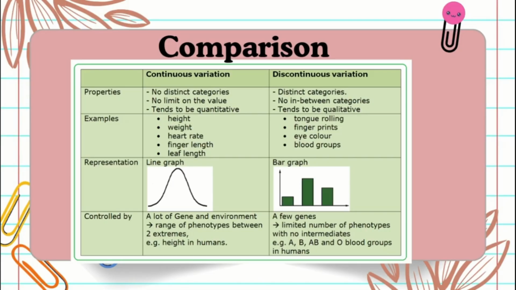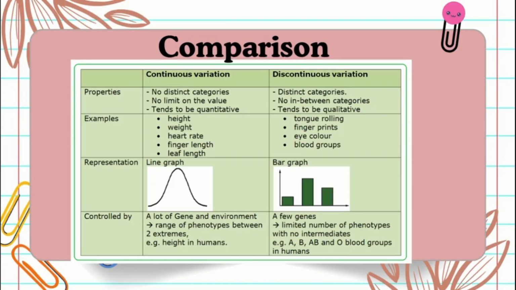And then this is literally a comparison table showing you continuous versus discontinuous variation. Just going back to it, discontinuous has distinct categories, continuous has no distinct categories. Examples of continuous variation are height, weight, heart rate, finger length, leaf length, with no clear categories. And then discontinuous is either you have it or you don't. There is no in between, there is no ish.